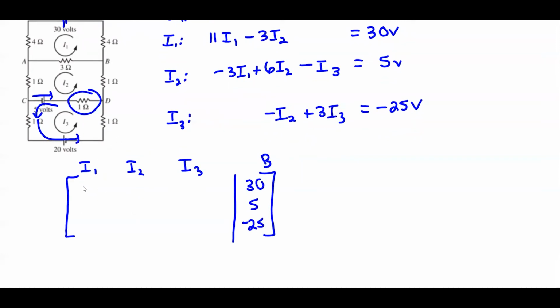And in the first equation, we have 11I1, negative 3I2, 0I3. Second equation, negative 3, 6, negative 1. Third equation, 0, negative 1, and 3. So to solve this, we just need to use a calculator. So when I use a calculator, I get this reduced matrix.